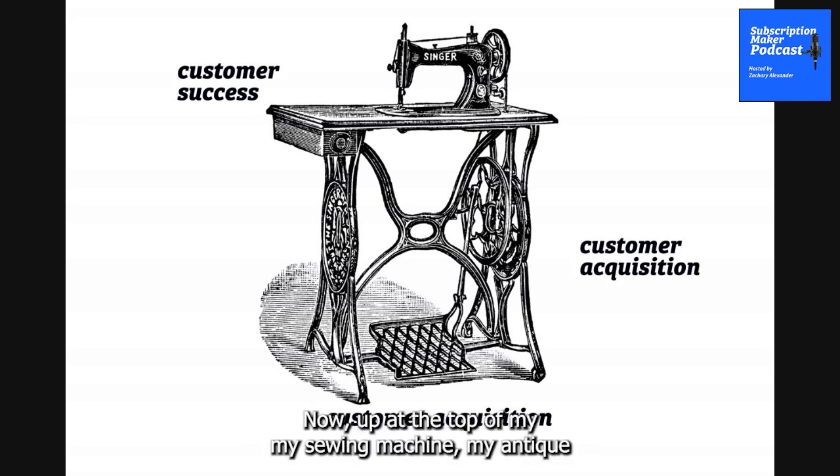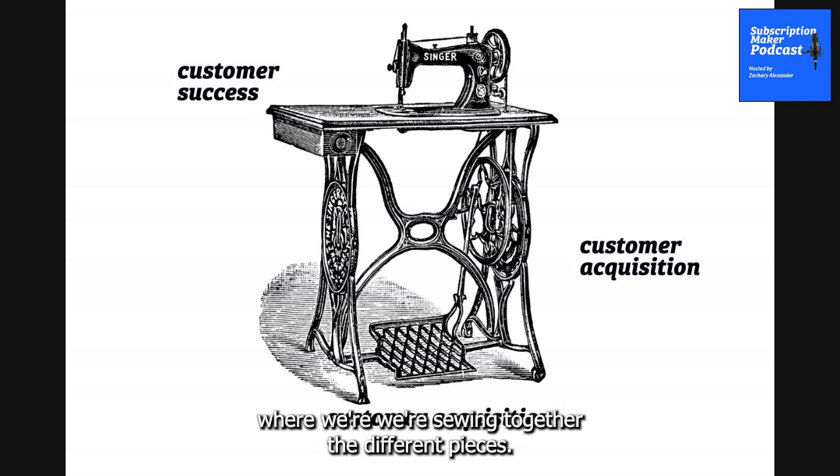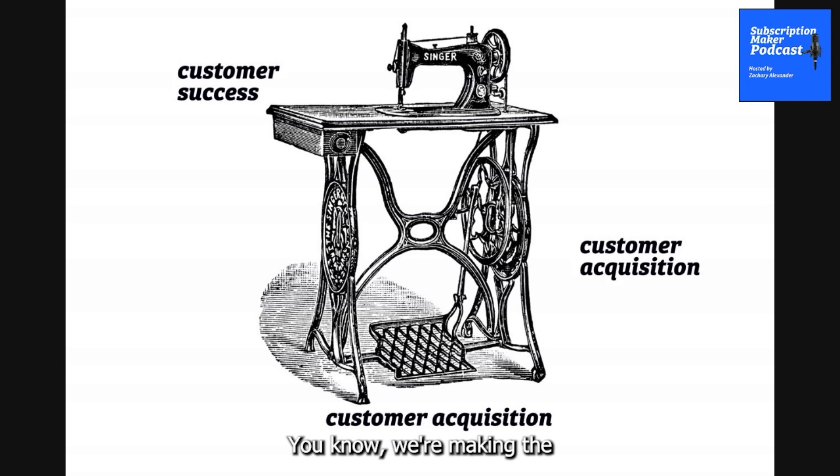Now, up at the top of my antique sewing machine metaphor, we have customer success. And customer success is that piece up there where we're sewing together the different pieces. We're making the jacket. We're making the coat. We're making the suit.